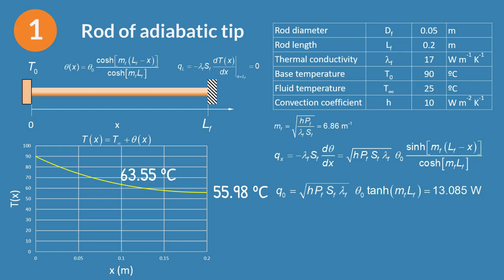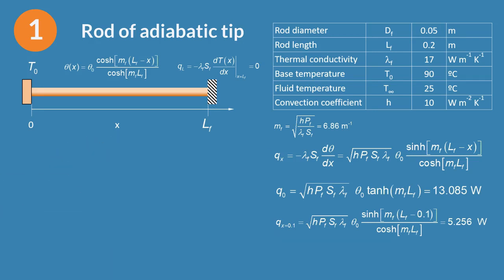For x equal to 0, we have the base heat transfer rate, which is around 13 watts. For x equal to 0.1, the heat transfer rate for conduction through the cross-section is 5.256 watts. And for x equal to Lf, you can check that the heat transfer rate by conduction is 0.